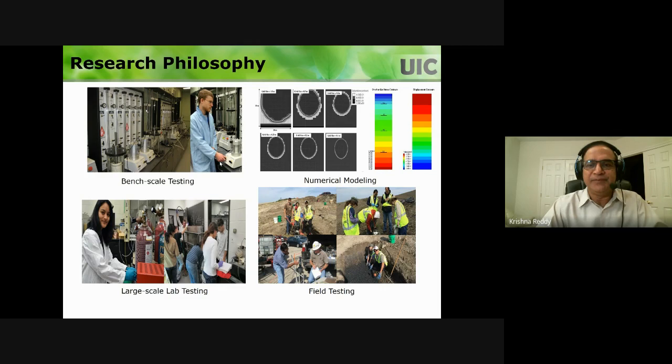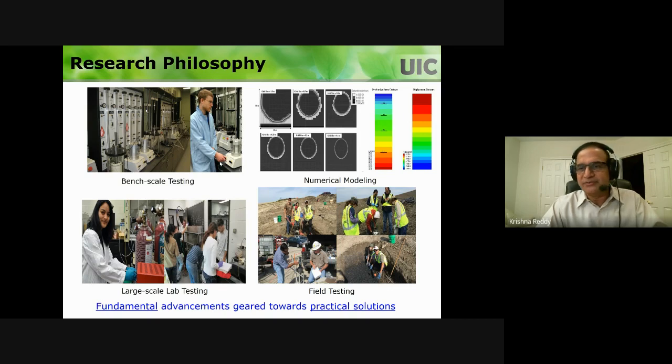If it works, we develop design guidelines that design professionals can use. All our research is aimed at advancing the fundamentals, because we are in the university. Our goal is to advance science and engineering, but ultimately to solve real world societal problems. In all the projects I do, I try to consider these aspects.